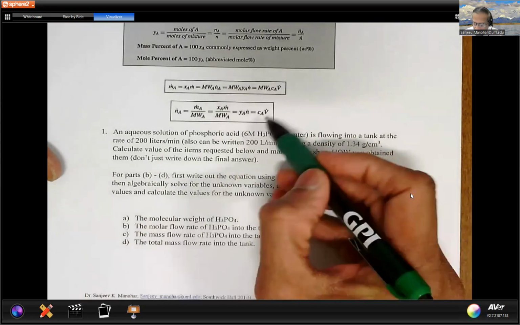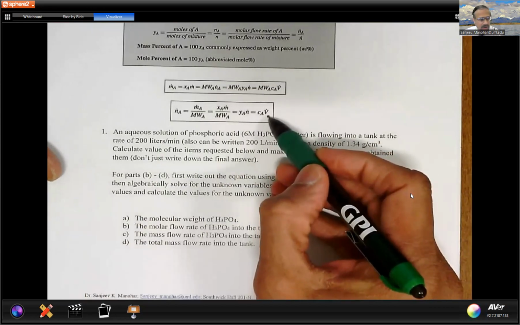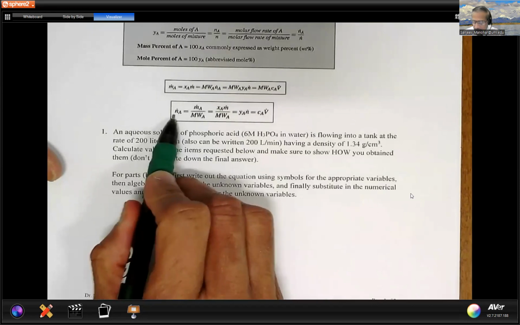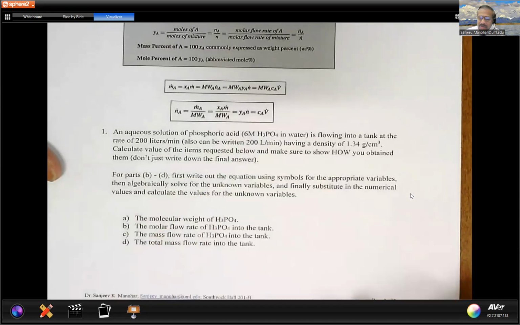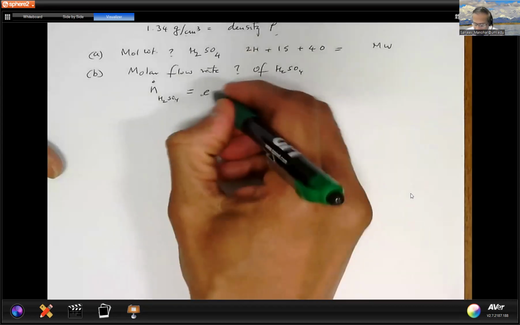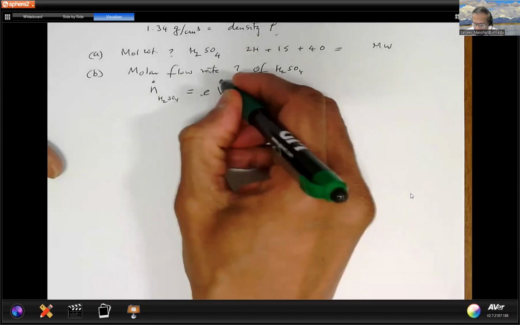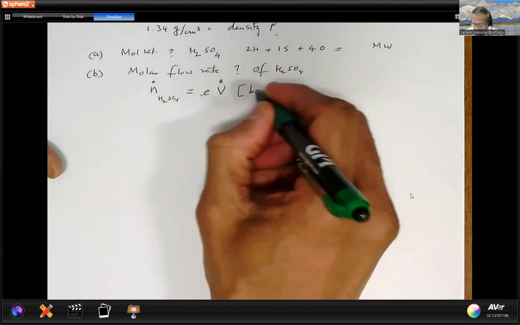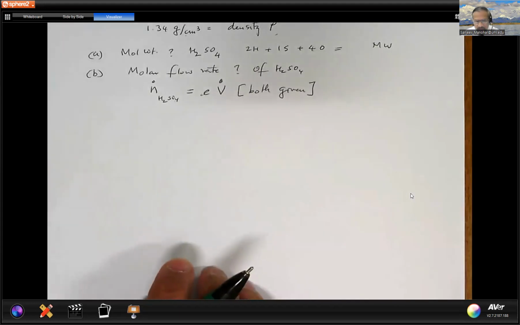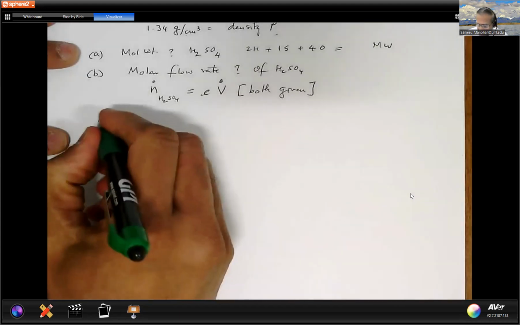You obviously know the concentration is given, the volumetric flow rate is given, right? So all you have to do is molar flow rate is concentration times volumetric flow rate. And going back to the question, both are given. That's the hint, right? What is C?